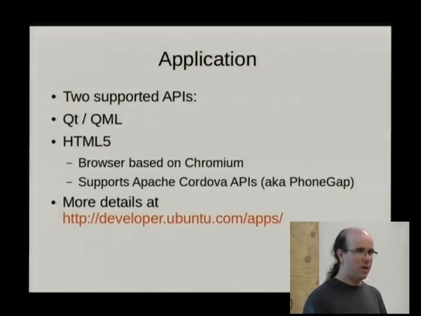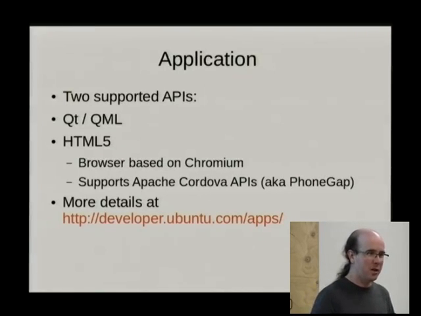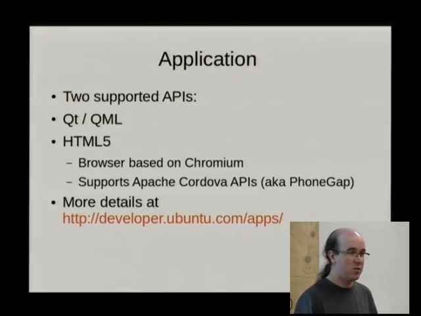That gave a nice speed boost over WebKit, and it means we've got a library which is being updated regularly by Google as they release new versions of Chrome, and we can pull those changes right into the phone, which is pretty cool.